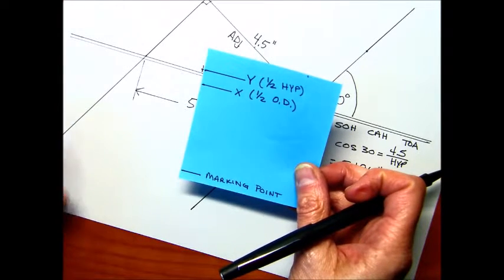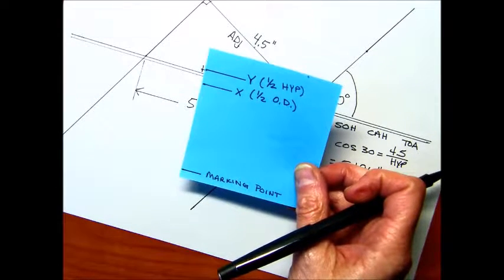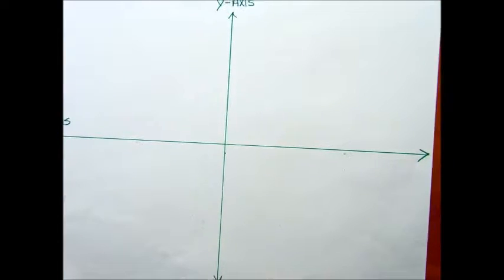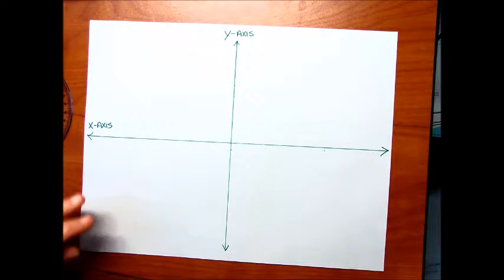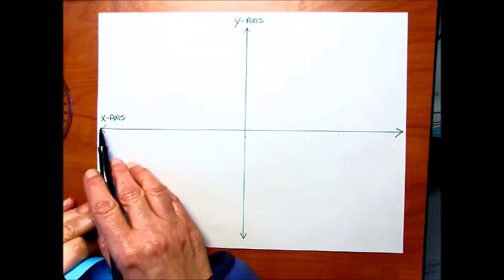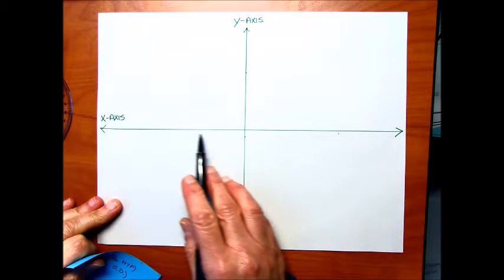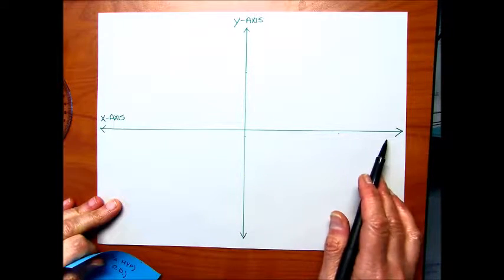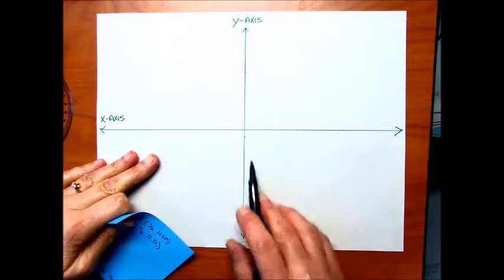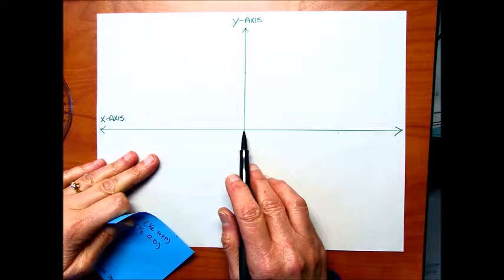Alright, now on another piece of paper, you can see I have an XY graph here, a coordinate graph. The x-axis is the horizontal line. The y-axis is the vertical line, okay? And in the middle, they meet.